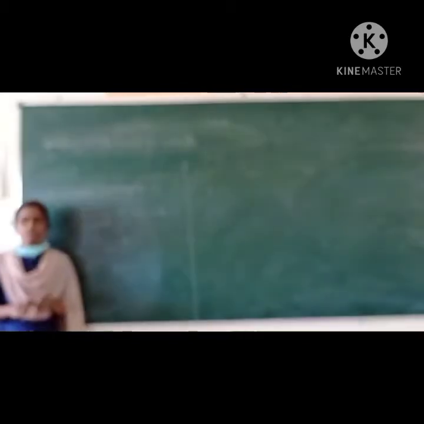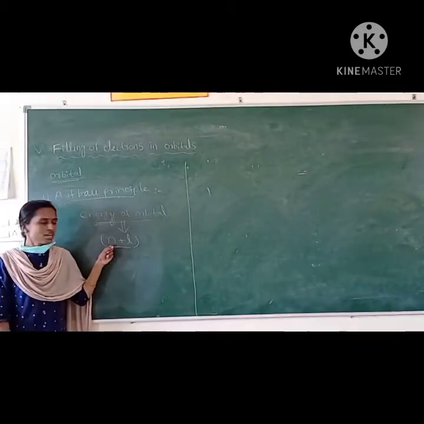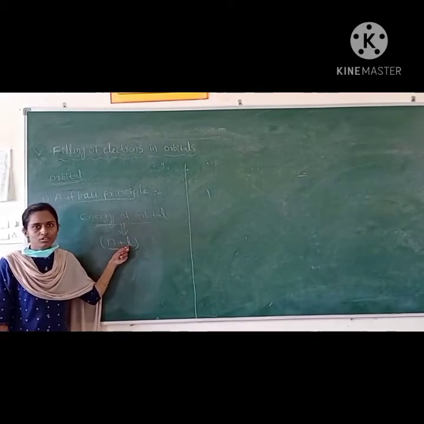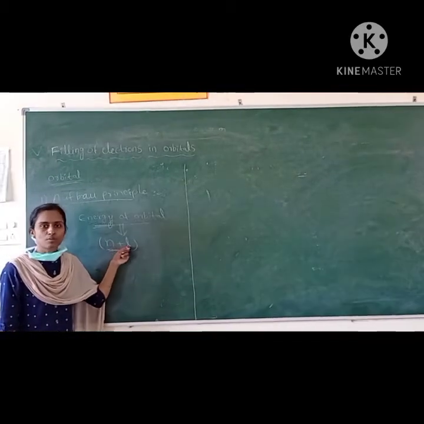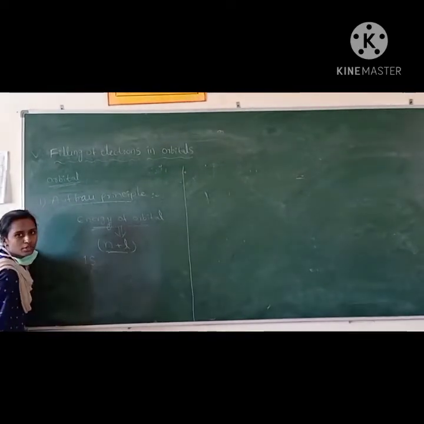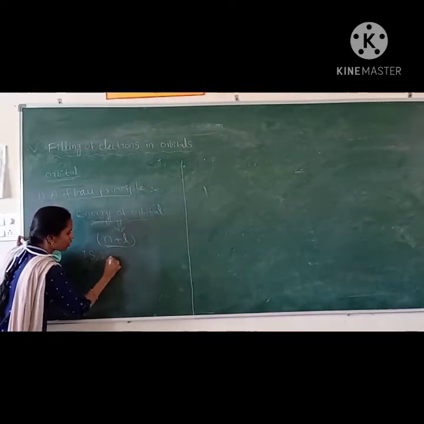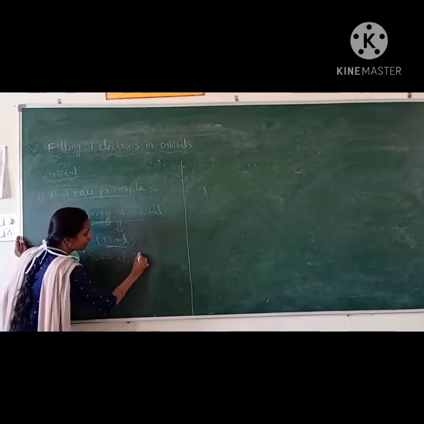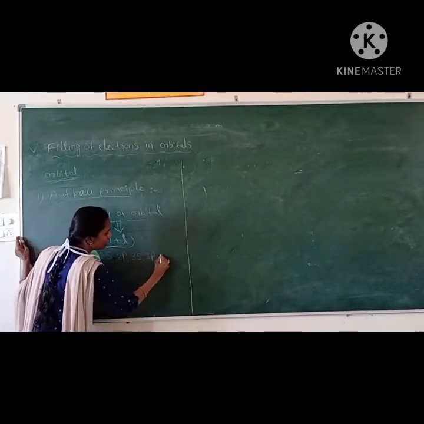Yesterday we discussed that n is the principal quantum number, L is the azimuthal quantum number. So the energy of orbitals is determined by these two quantum numbers. For example, the first shell contains the 1s orbital, the second shell 2s and 2p. The third shell contains 3s, 3p, 3d.